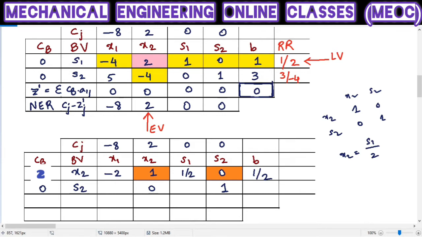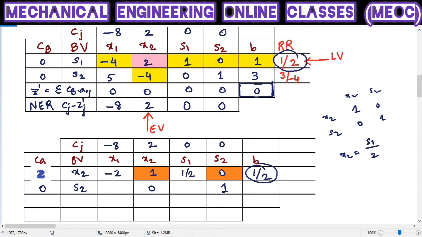That's the reason resources are always supposed to be 0 or positive. It cannot be negative. That's why we pick only the minimum non-negative ratio as the leaving variable, because that value can be seen here. So this value appears here.